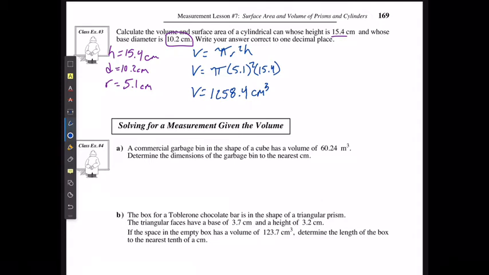If I want the surface area, then that's going to be 2 pi r squared plus 2 pi rh.